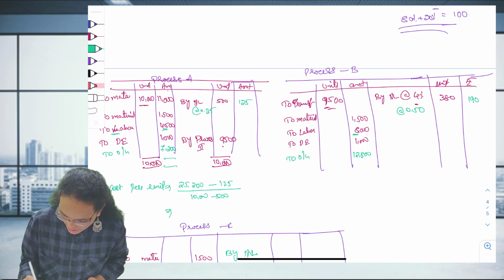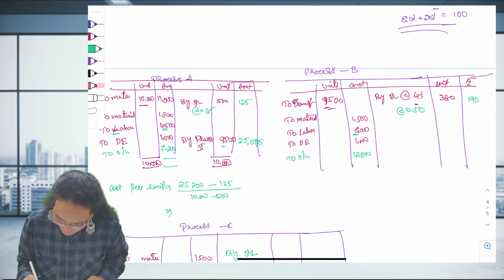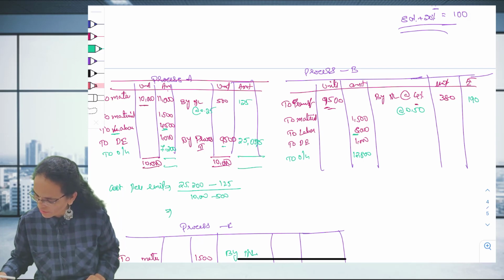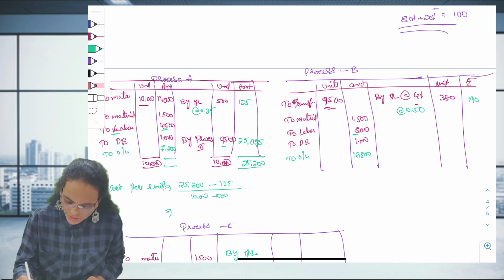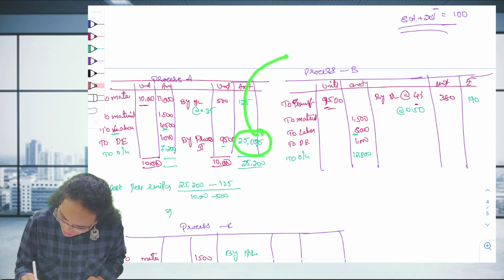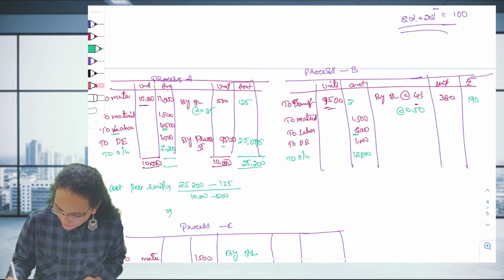Yes, 2.63 amount. The total amount, that amount into 9,500, is 25,075 rupees, the cost of the output from the process A. So this one will become the input cost for the process 2. 25,075.